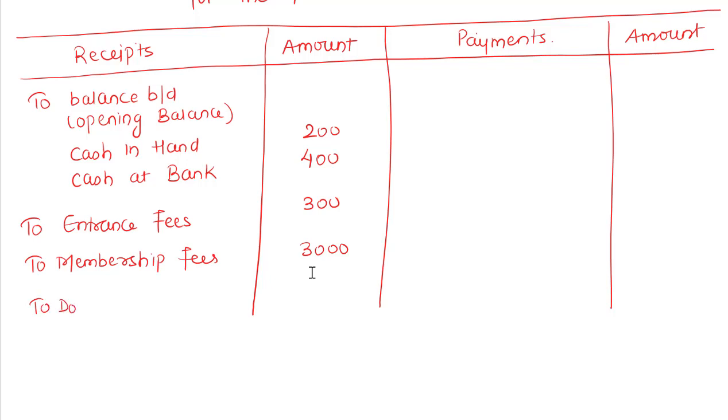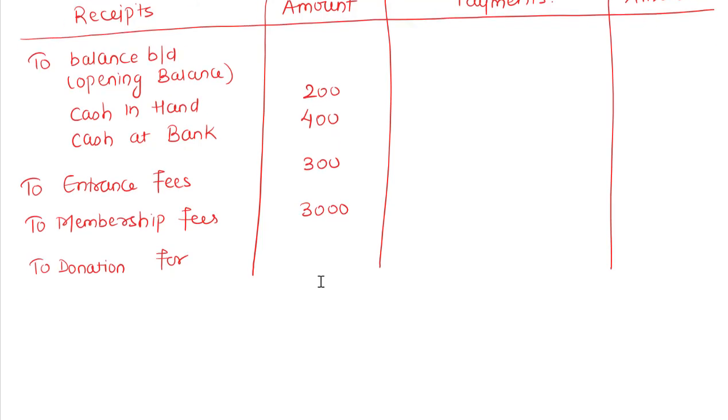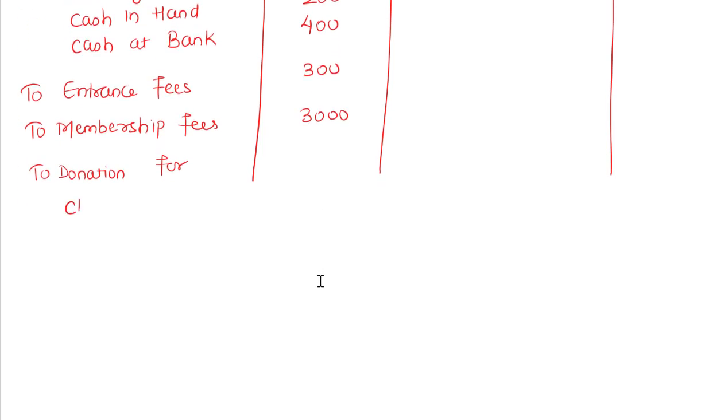Donation received, donation for club pavilion 10,000. Sales of foodstuff 1200. It is income.